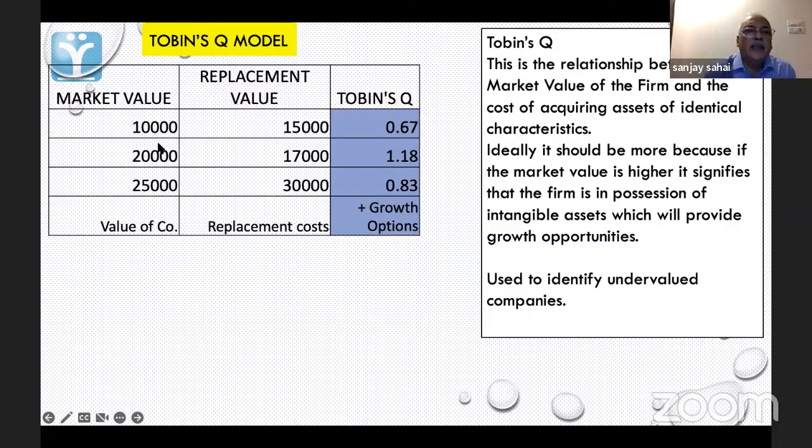There's another company, market value is 20, and as Lokesh said, it should be more. Here you find that the replacement value is 17. So what is this? 1.18.